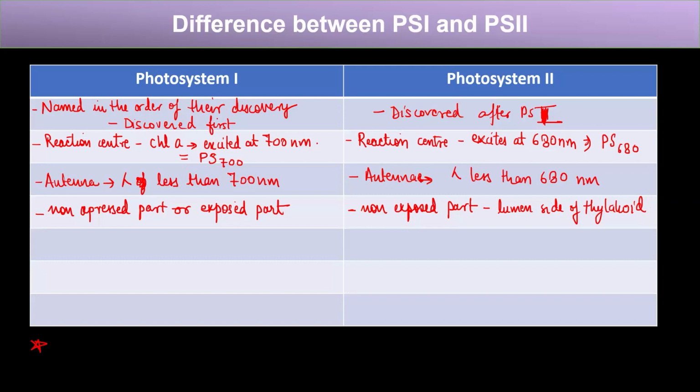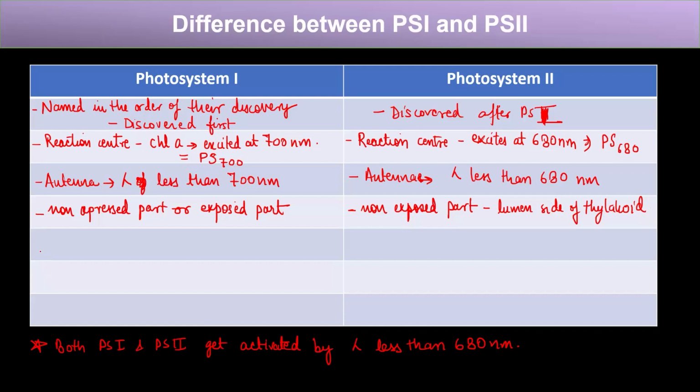If you give a light higher than 700 nm, none of them will be activated. So both PS1 and PS2 get activated by wavelength that is less than 680 nm. So this is the important point.